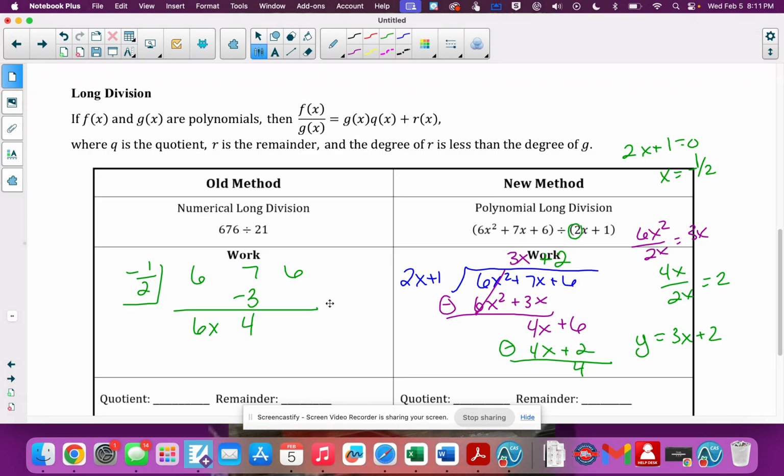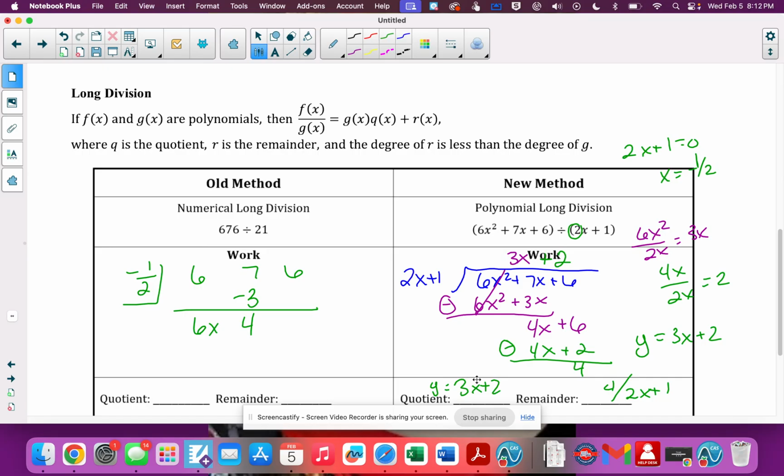So again, unless you remember the shortcut, when you're dealing with linear binomials like this, it's better just to go ahead and use the long division to prove what your slant is. Okay, so your quotient is 3x plus 2. That's the equation, and the remainder is 4 over 2x plus 1. The first part of it, where you're starting with the linear, is always going to be your answer for your slant asymptote.